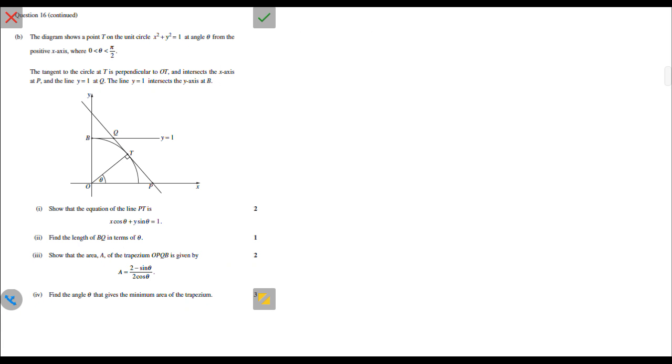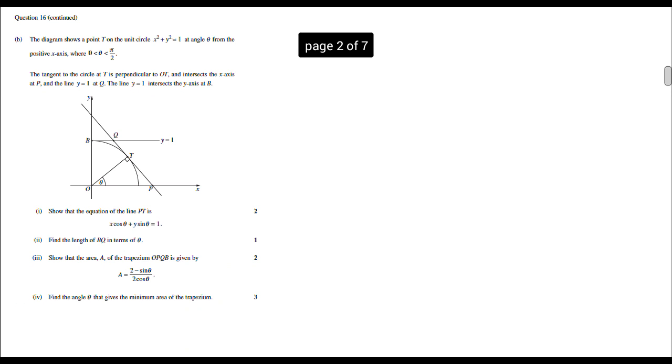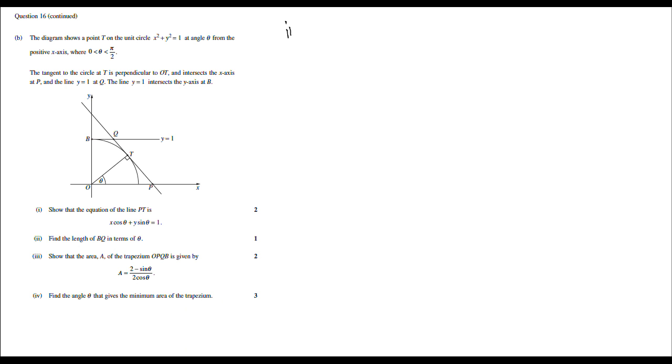Okay, I'm back, just copied this back. Yeah, so now we're in part 2 of this question. Now part 2, what do we have to do? Find the BQ, which is that length.